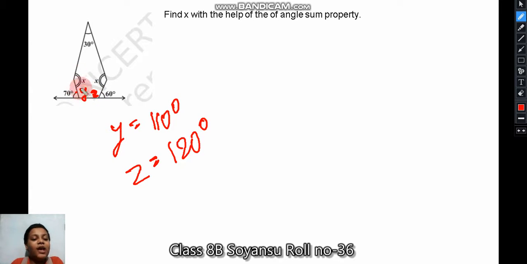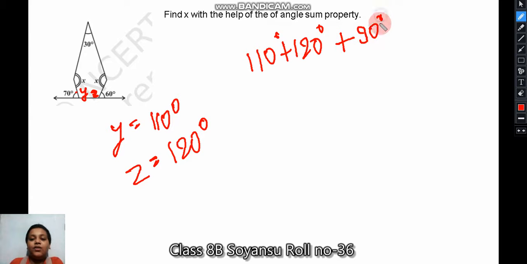And then comes X. So 110 plus 120 degrees plus 30 degrees plus X is equal to the angle sum. Here 5 sides are there, 1 2 3 4 5.